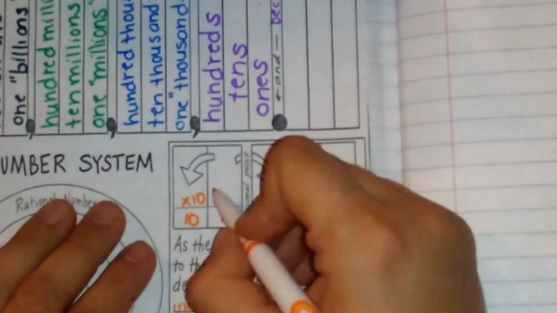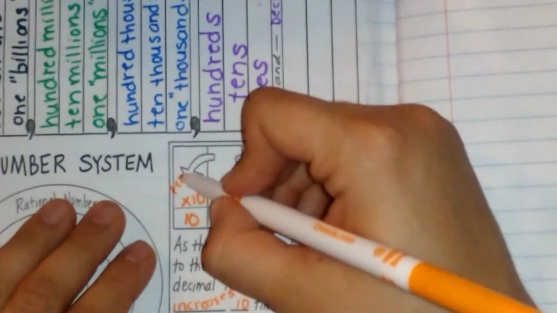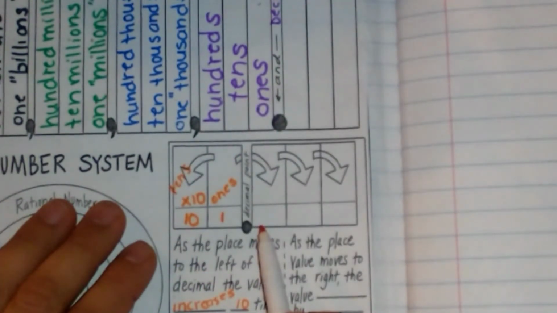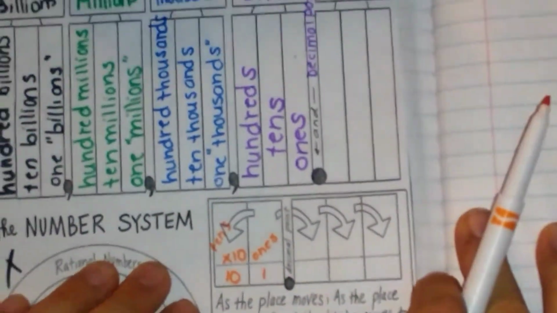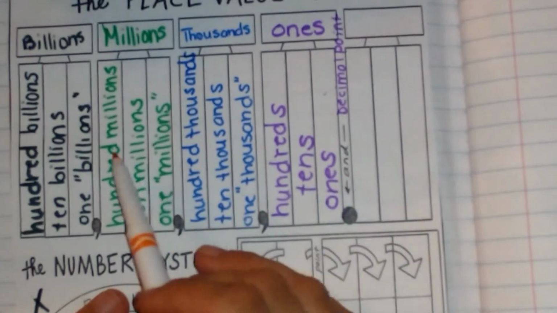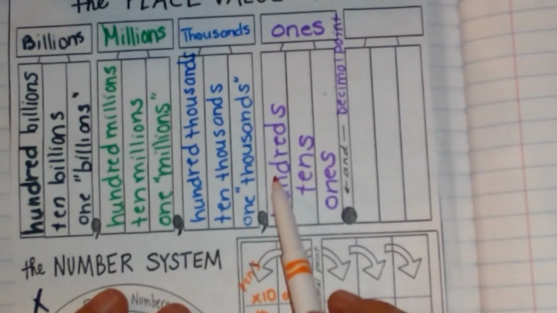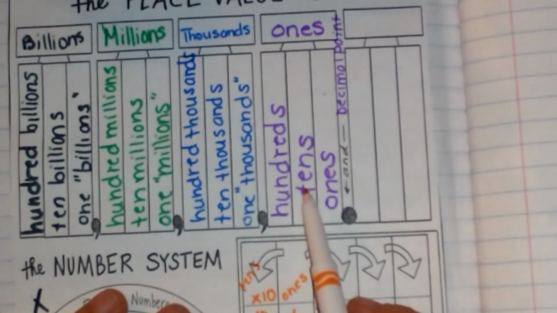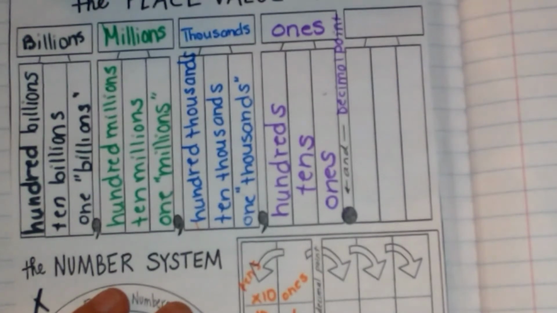Okay? This is the ones place and the tens place. So as I get closer to the billions, my number gets bigger. Does that make sense? I start at a 1 and I want to move this way. It's going to be times 10 for each jump I go. Times 10, times 10, times 10, times 10, times 10.